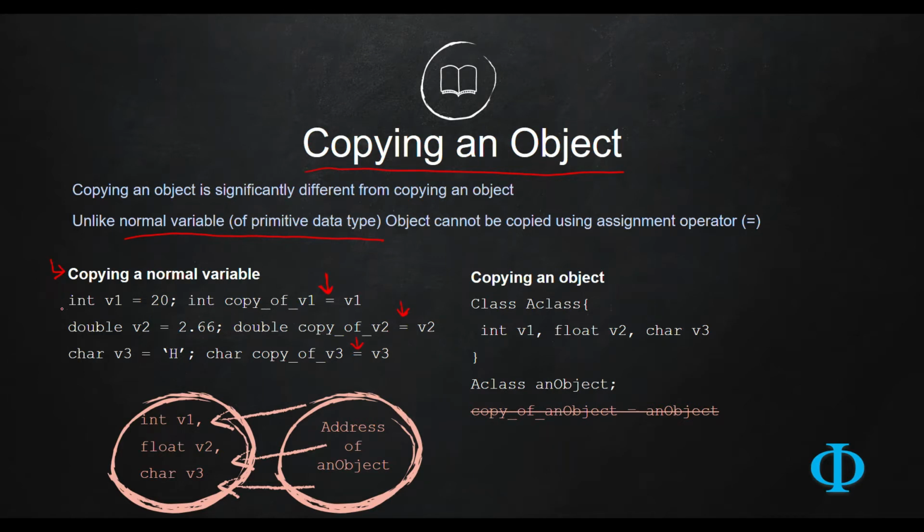So what did I do in the first example? I have introduced an integer type variable called v1 and assigned the value 20 inside that variable. Then, in order to copy the content of the variable into an entirely different integer variable, I introduced another integer variable named copy of v1 and used this assignment operator, and on the right hand side I just wrote v1.